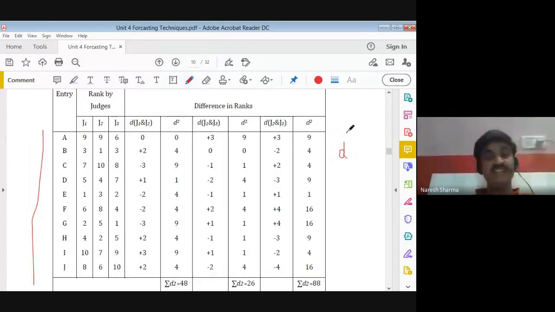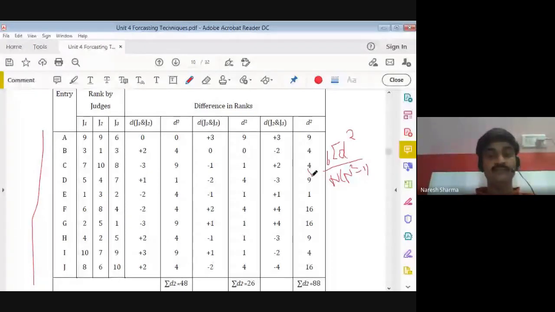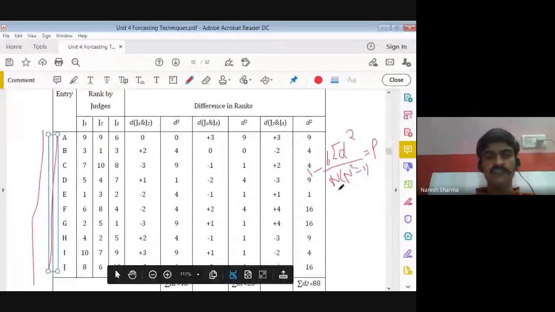Then we require d square, because summation d square is in the formula, multiplied by 6, and n into n square minus 1, and this should be 1 minus of this, and that is the rank formula. Here n, the total number, is 10. You may write n small or capital, it doesn't matter.